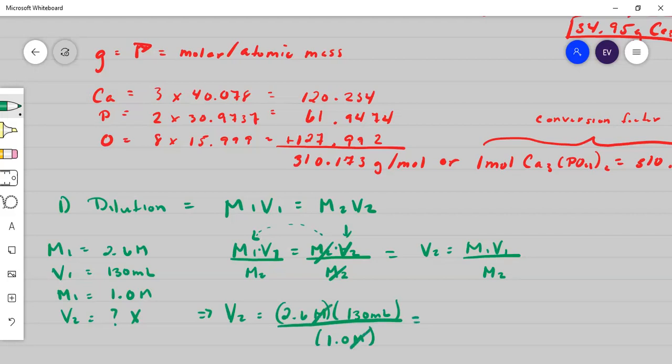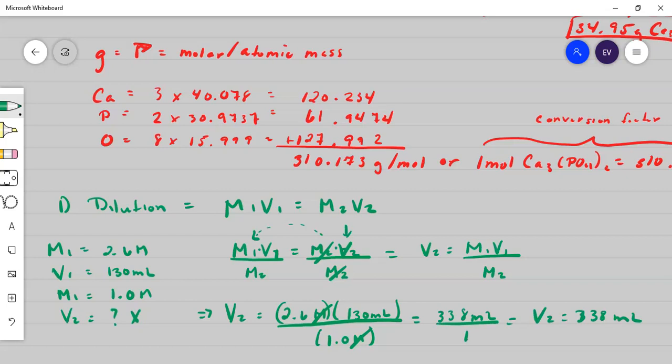So I'm going to take 2.6 and multiply that by 130. That gives me 338 milliliters divided by 1. So V2 is 338 milliliters.